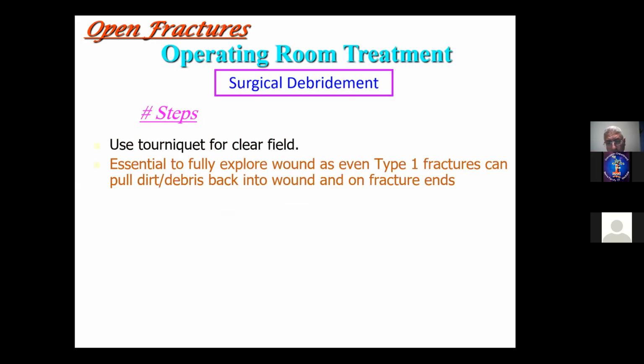These steps: use a tourniquet for a clear field. Explore the wound. Even in type 1, as we said before, you might have dirt or debris deeper in the tissue planes, not only the skin. Some say for type 1, it's just only 1 centimeter, and we're going to take only the skin and suture. No, this is a very big mistake. It must be meticulous and systematic debridement, starting from the skin, subcutaneous fat, fascia, muscles down to the bone in layers.